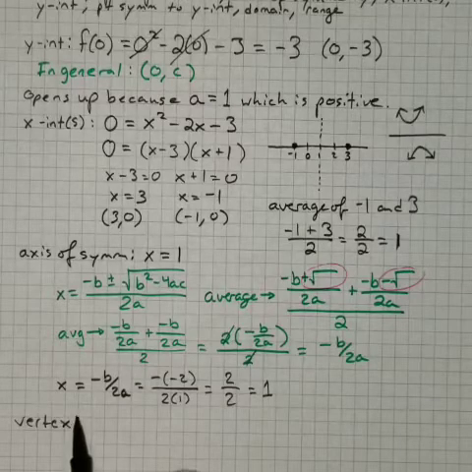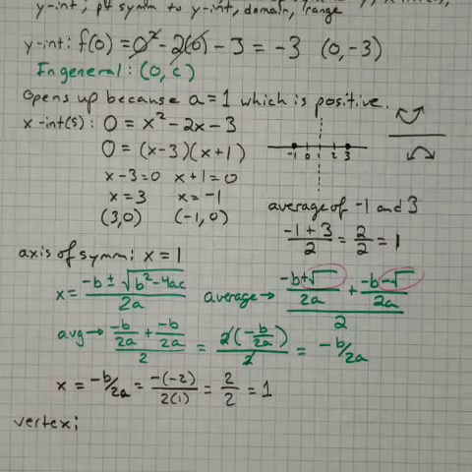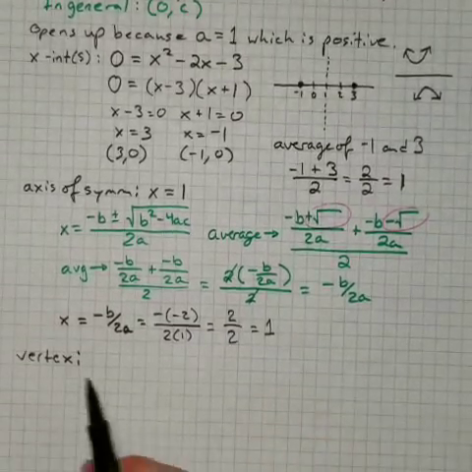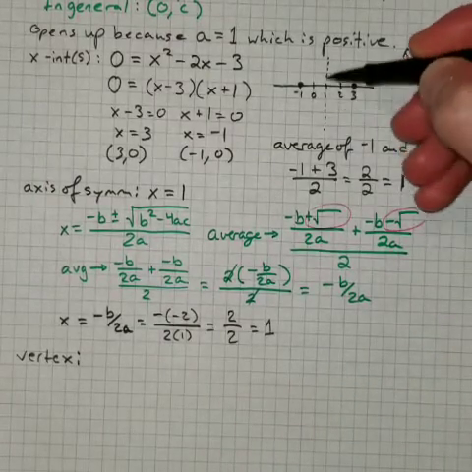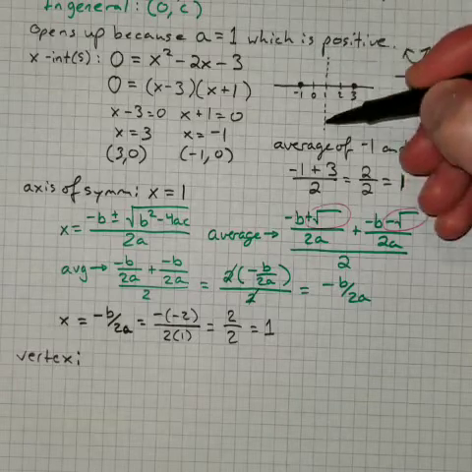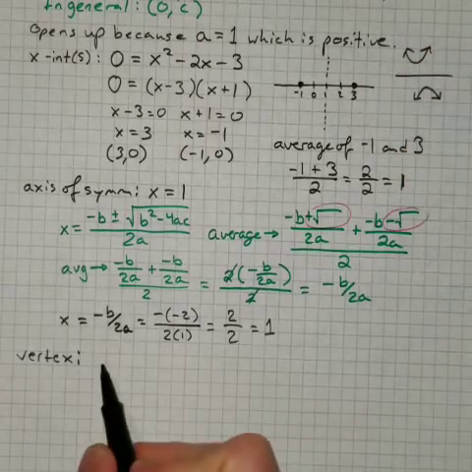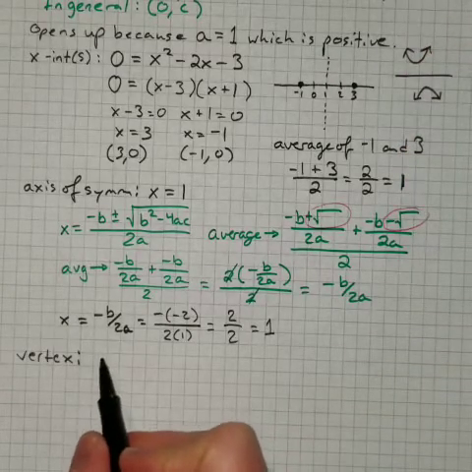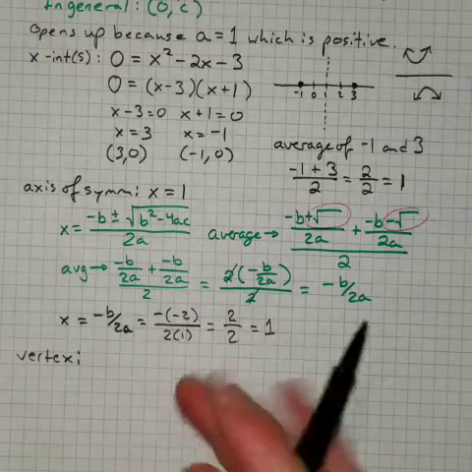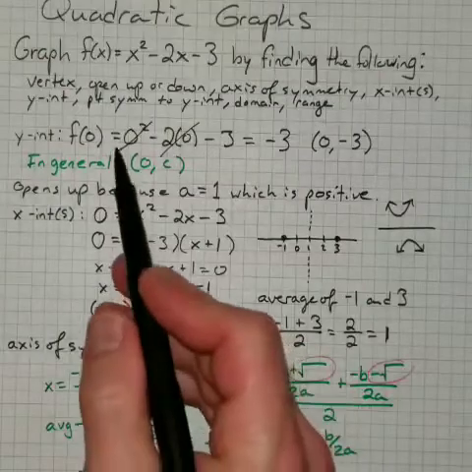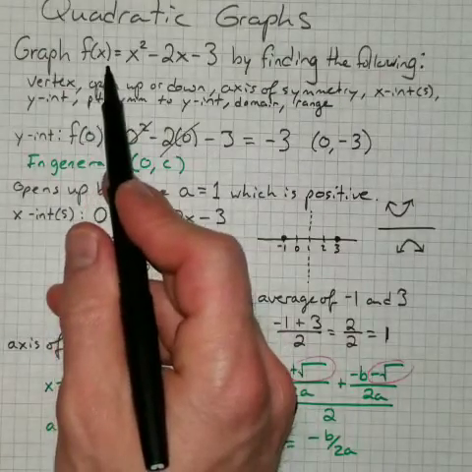Well, the vertex will share the same x value as the axis of symmetry because the vertex has to land on the line on the axis of symmetry somewhere. And so I know that the x value is 1. To find the y value, I need to take that 1 and plug it back into the original function.